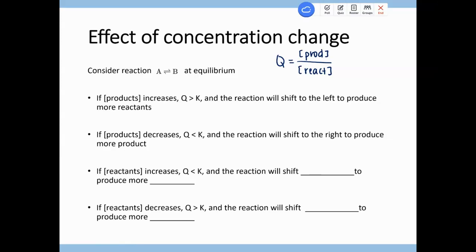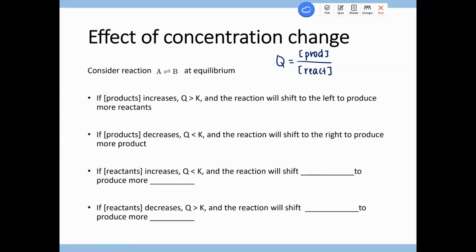So increasing something on the left side will cause the reaction to shift right. Or I'm sorry, I said that backwards. Increasing something on the right side will cause the reaction to shift left. Let's say you have A and B at equilibrium, and you're able to remove B from that system.